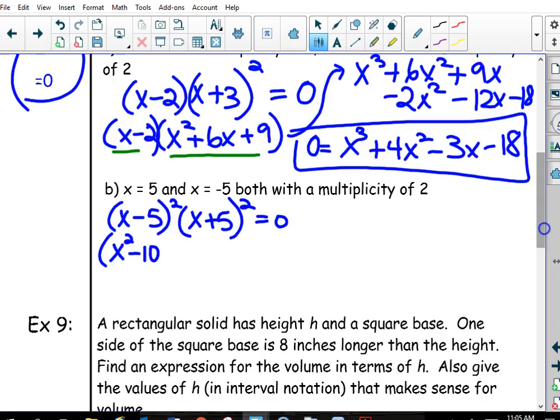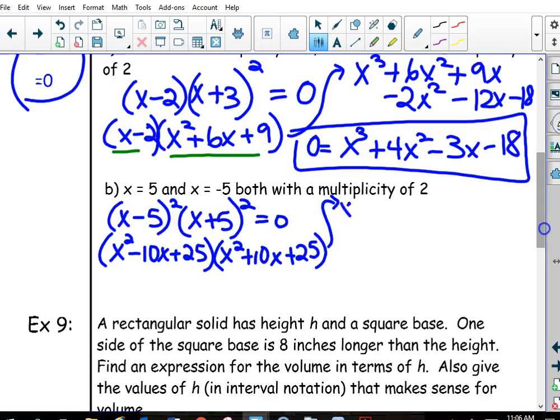So x squared minus 10x plus 25, that's my first pair, that's x minus 5 squared. And x plus 5 squared is going to look really similar, just with a positive 10x. I'm going to not put in the 0 because I'm obviously going to need some room here. I'll throw it in at the end.